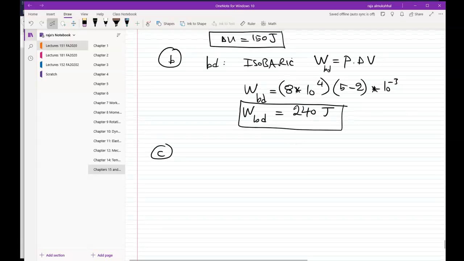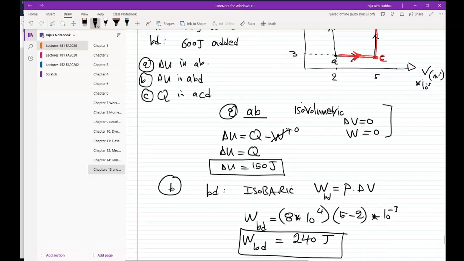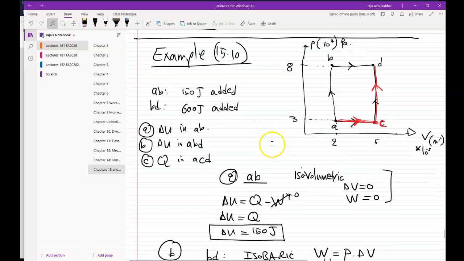Okay, so let me ask this question. What is the total work ABD? Look at that. The total work ABD. What does that equal to?